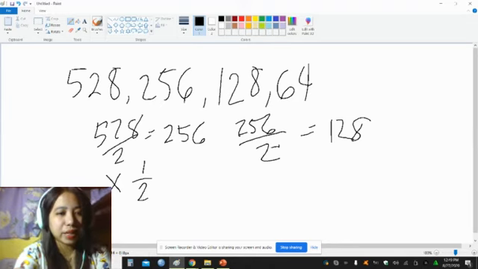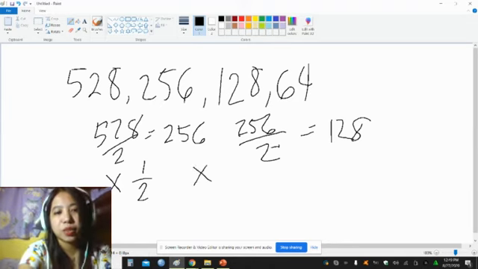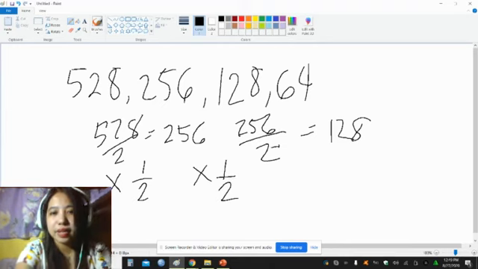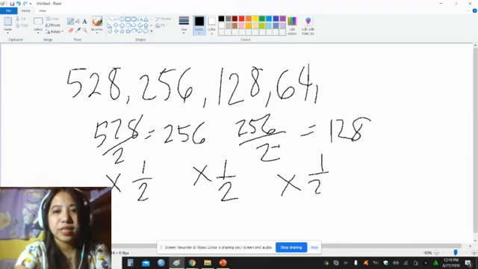So 512 times 1 half is equal to 256. 256 times 1 half is equal to 128. 128 times 1 half will give you 64.